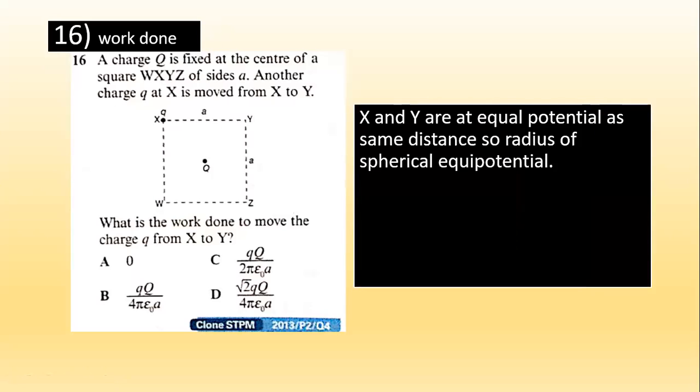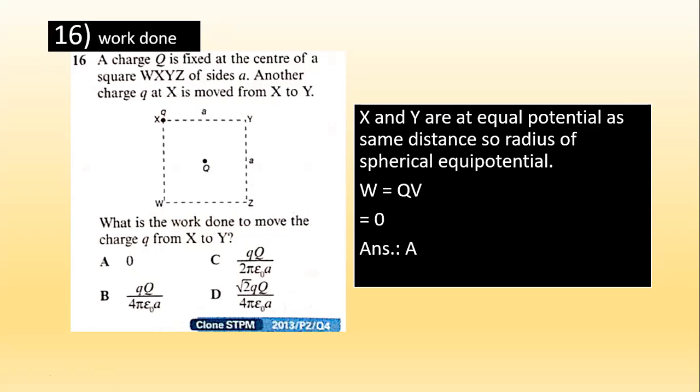Okay, let's see. We are moving this charge q. You must know that the equipotential surface for the big charge Q is a sphere. X and Y are actually on the surface of the sphere, with the radius being QX or QY. So X and Y are on an equal potential surface, and no work is done.